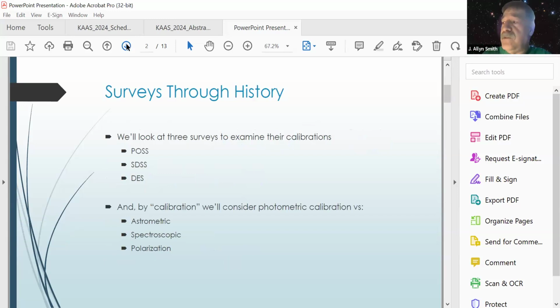Everything's going to be ground-based because space-based is hard, just because there's no oxygen, you can't breathe and do things, and there are other issues. And by calibration, I'm also going to consider photometric calibration, even though certainly astrometric calibration is important. And if the survey is spectroscopic or a polarization survey, you have to be able to do that also.